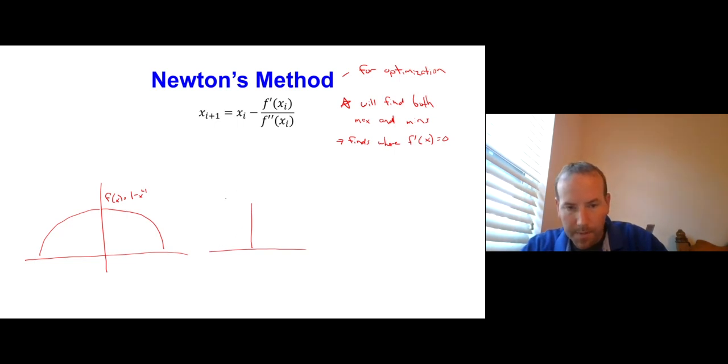Then f prime was going to look like this. And then f double prime is going to be negative 12x squared.